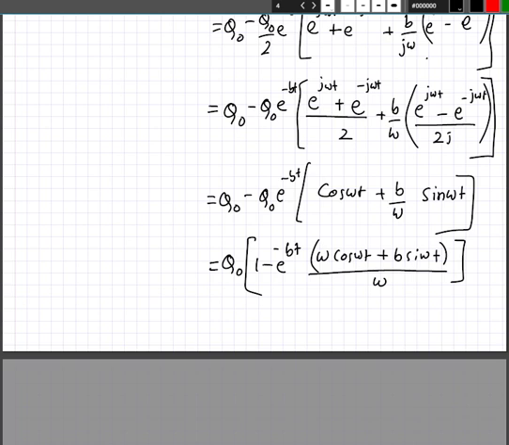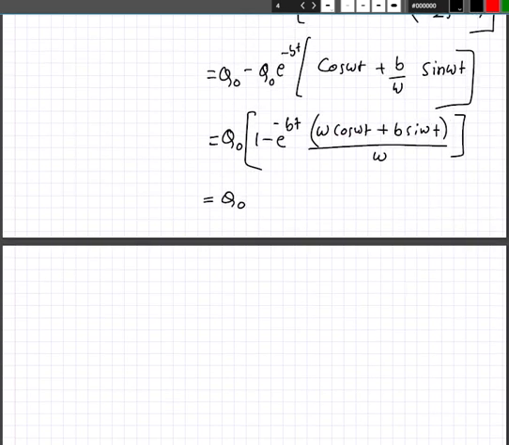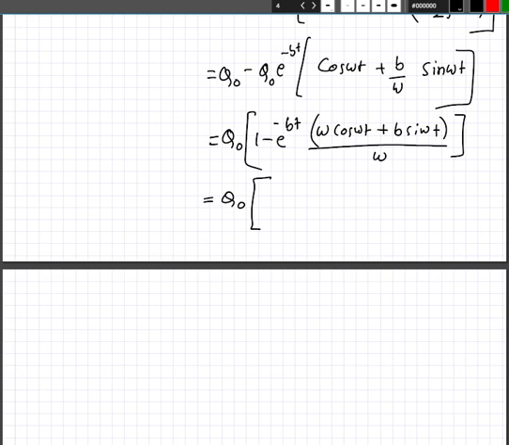Okay, and that is equal to q naught into one minus e to the power minus bt by omega into omega cos omega t plus b sine omega t.